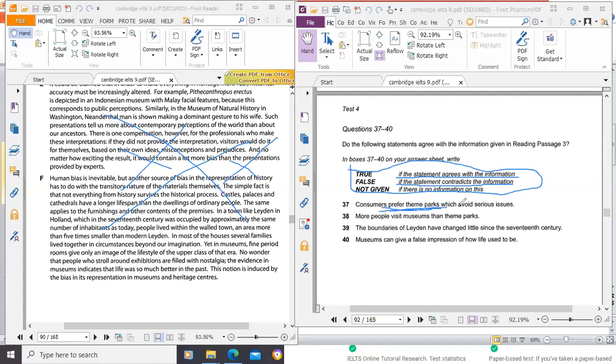This statement is not given if there is no information on this in the passage, or you find it difficult to say it is true or false. What that means in essence is that there is not enough information from the passage to prove that it is true or false. Many a time, except we interpret the statement incorrectly, people get true right, but have issues with false and not given.